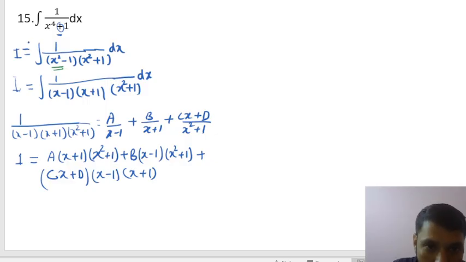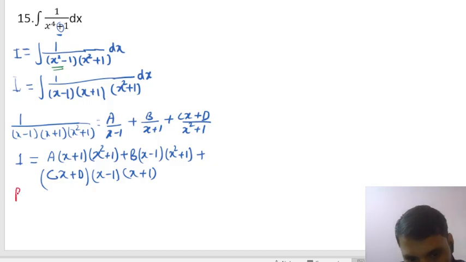For that, let's take different values of x. Since x plus 1 is there, if we take x equal to minus 1, the complete a part will become 0. Similarly, c and d also will become 0.